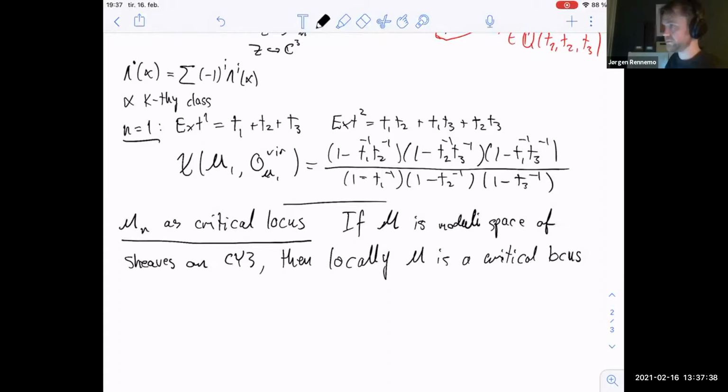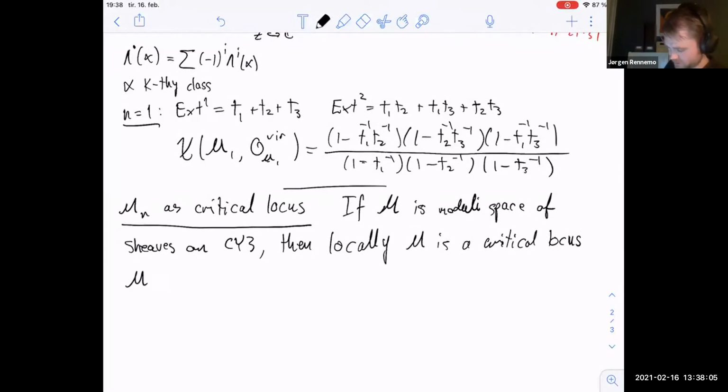Okay, so there are general theorems proving that this happens in a large amount of generality. We won't need those theorems because we're trying to understand Mn, where we're extremely lucky, and because we can remove the adjective locally, Mn is actually, on the nose, globally a critical locus.